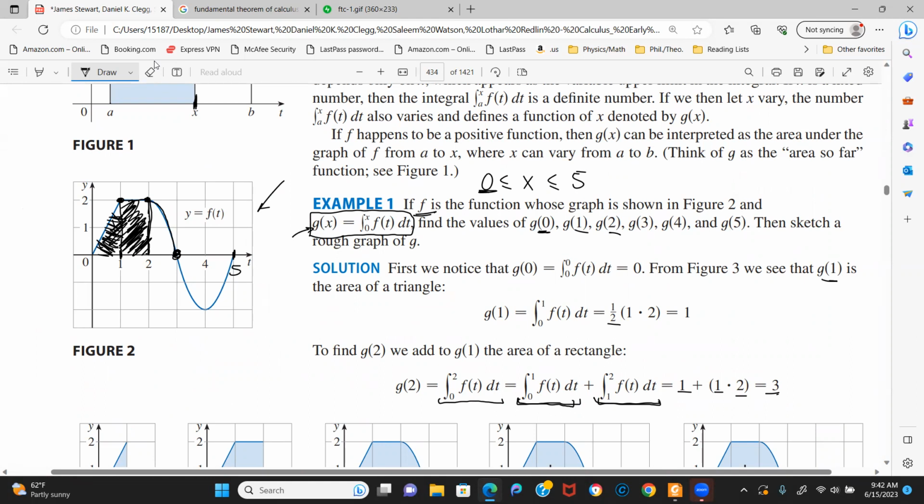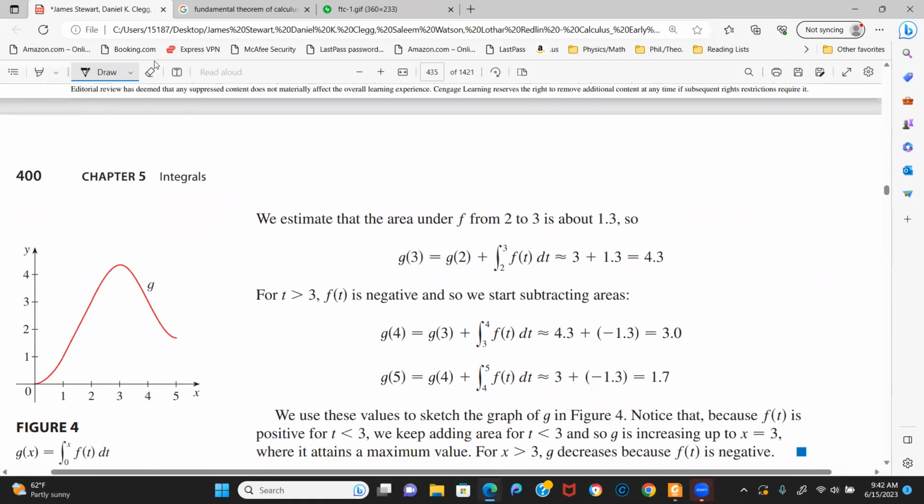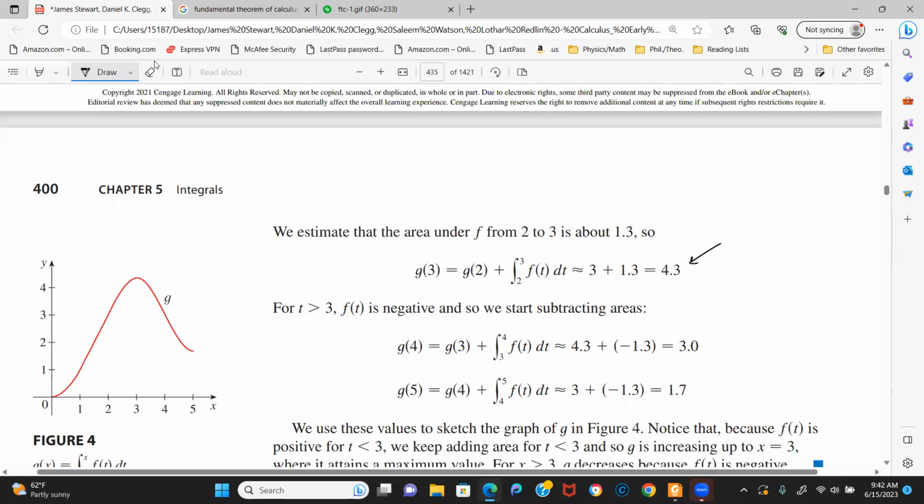Now you include the area of this triangle, this rectangle, and then this unusual shape here. This is not a nice geometric object, so we can't get an exact area, so they approximate it. You can approximate it, but I'm not going to care about it. So I guess it works out to be approximately 4.3. The number 3 comes from the triangle plus the rectangle, and then the 1.3 comes from approximating that area.